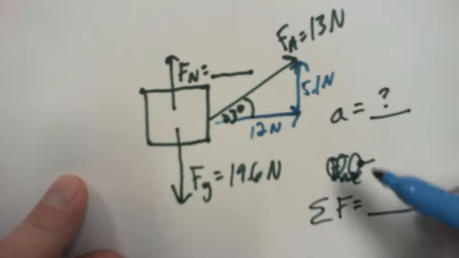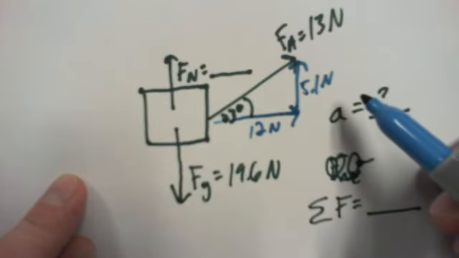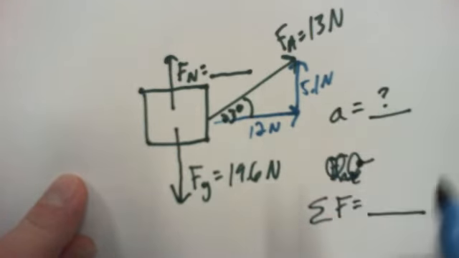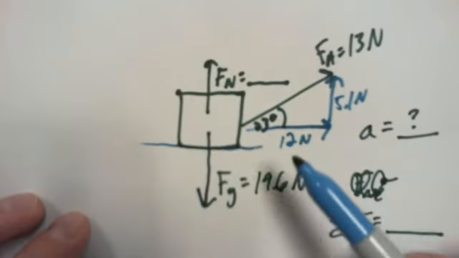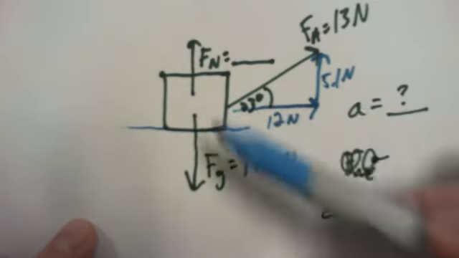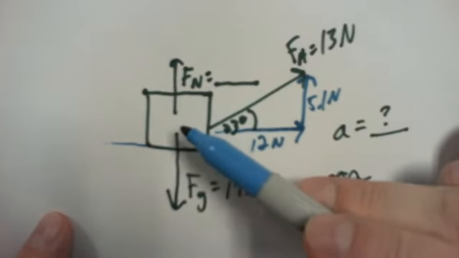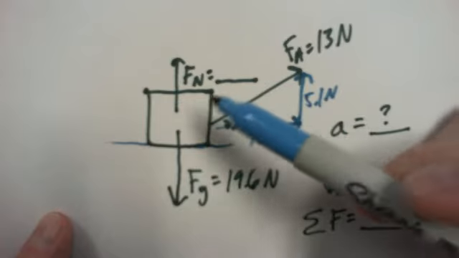So, in this problem, we're only accelerating horizontally. We're not accelerating up or down, so all the vertical forces cancel out. All I have to worry about is horizontal forces.